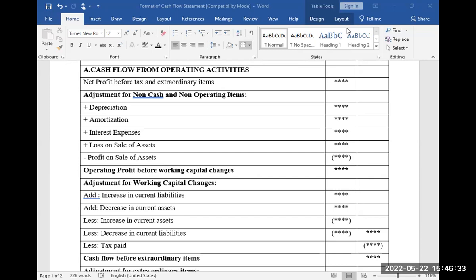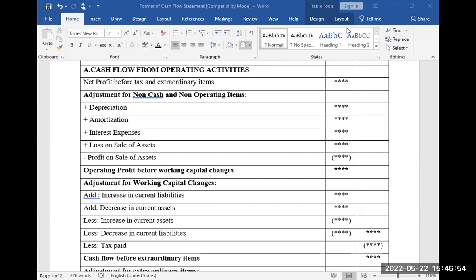That's why the cash comes in. Cash comes in, so you have to add. That's the logic, that's why it is written here. Increase in current liability and decrease in current asset to be added. Increase in current assets and decrease in current liability need to be minused.